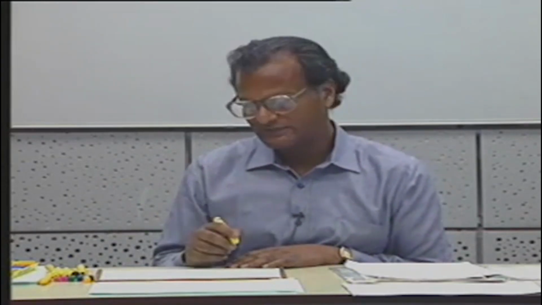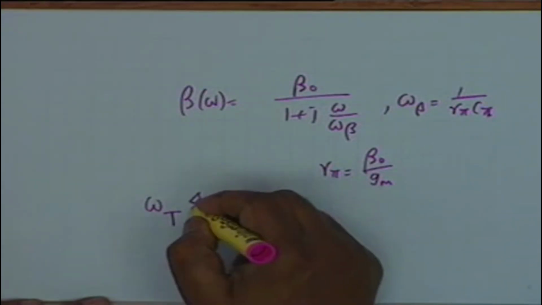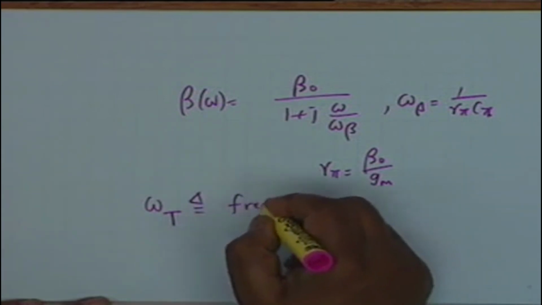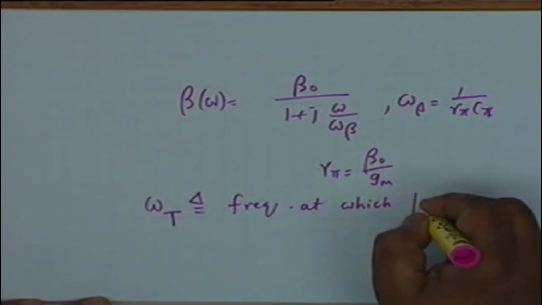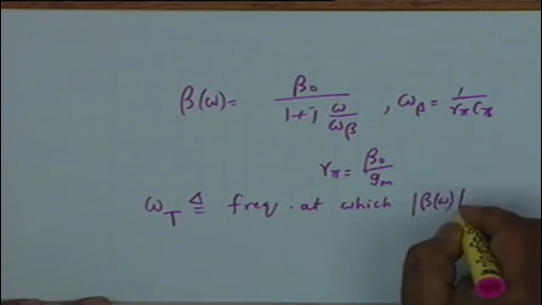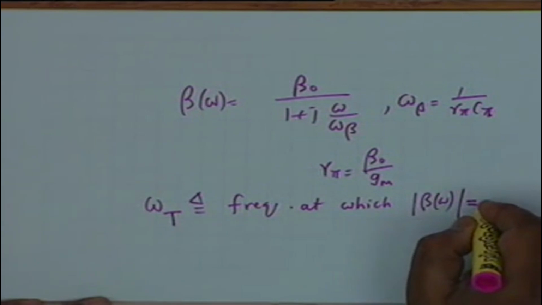Most of the time, manufacturers do not even specify omega beta, they specify a frequency called omega t. Omega t by definition is the frequency at which the magnitude of beta of omega is equal to 1.